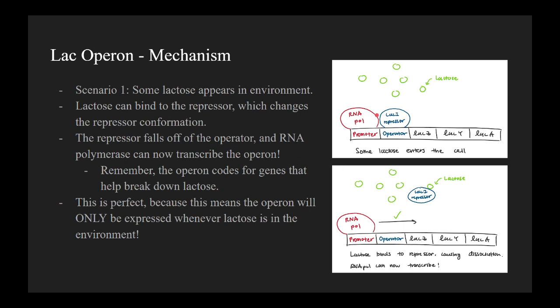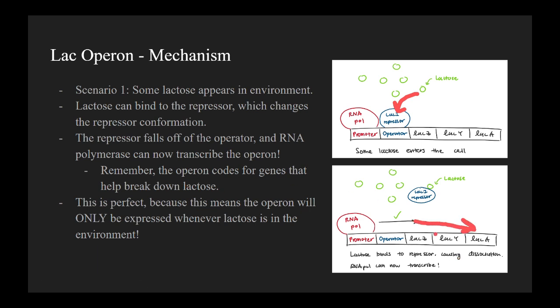So what happens is, as you can see on the right, first we have lactose. This lactose goes and binds to the lac-I repressor. And then it changes the repressor shape. Now the repressor can't bind to the operator as well anymore, so it just falls off. And now, since the repressor is off, this RNA polymerase can move along and transcribe these genes.